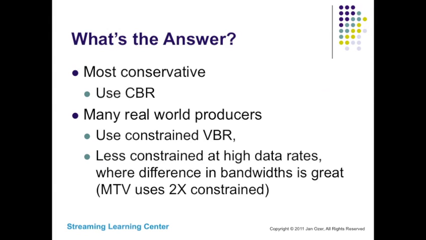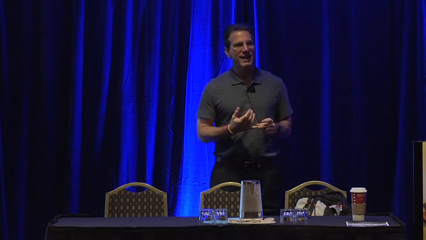What are people really doing? MTV uses VBR encoding. They use 2x constrained VBR encoding for their video streams. I was pretty cavalier with my consulting. I said, well, gosh, this is what all the real-world customers are doing. And then when it came down to it and we had to make the system work, it was like, well, let's start with CBR.